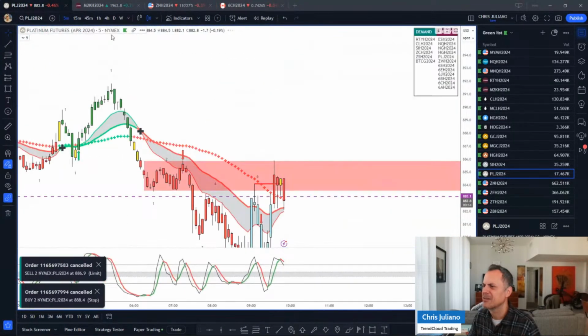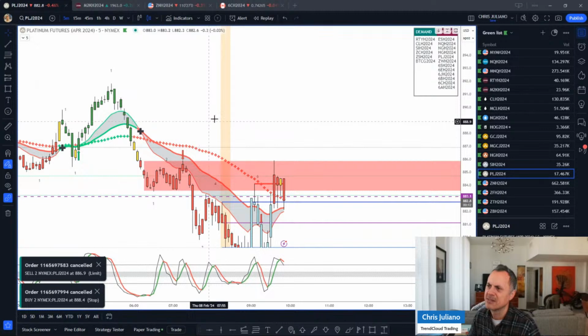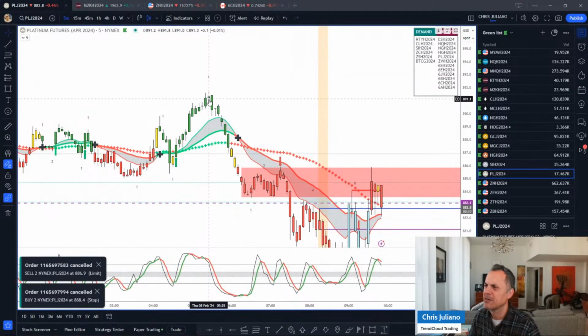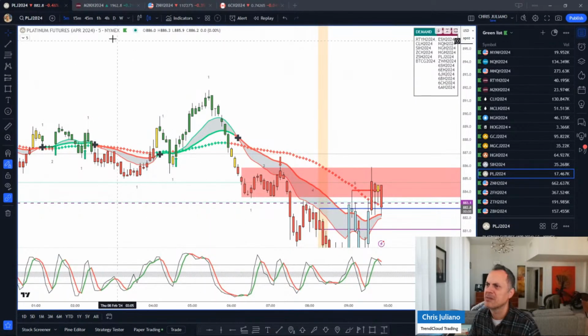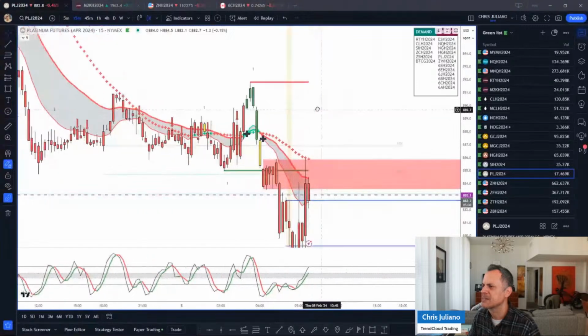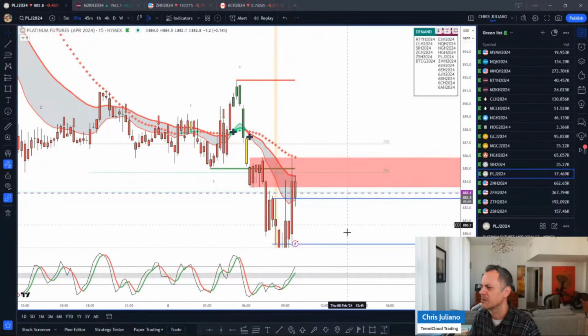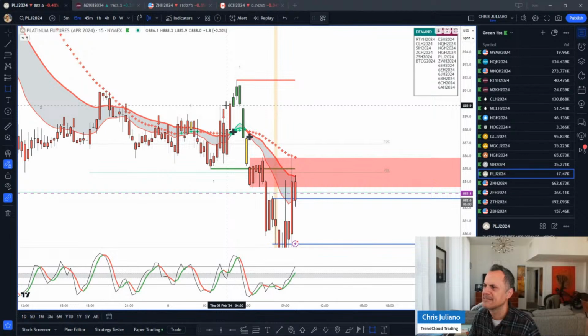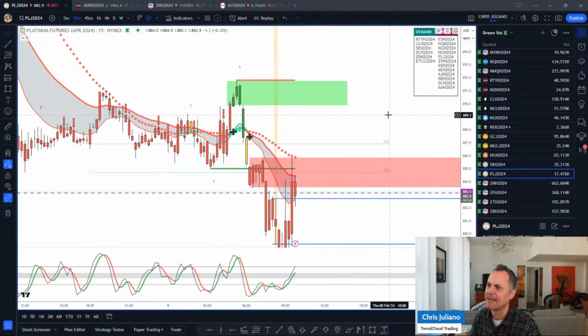5-minute chart. Even the 5-minute chart, right? It's all up here. That next zone is here. And if it breaks all the way up to here on the 15-minute, we're going to be in some kind of trend reversal.